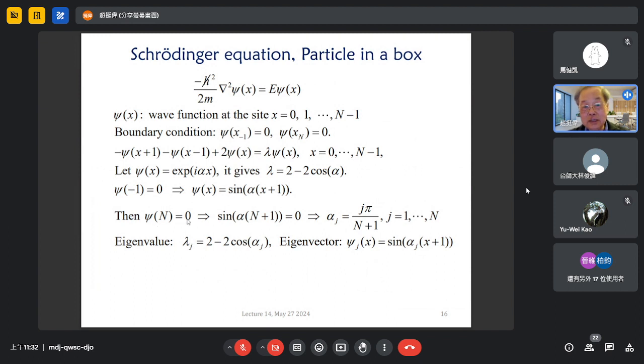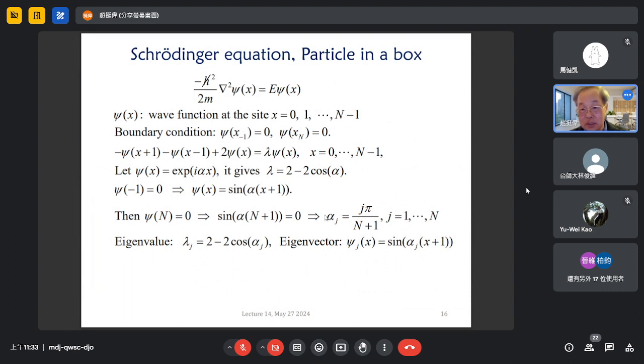And also psi n equal to 0 will give me sine of alpha times n plus 1, at x equal to n, is 0. So alpha times n plus 1 must be a multiple of pi, and because it's an n by n matrix, you can only have n values.